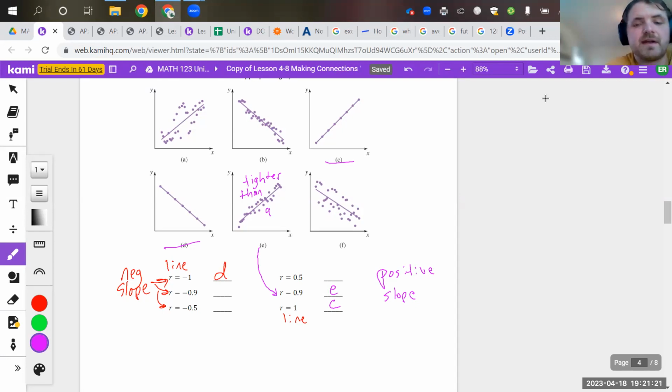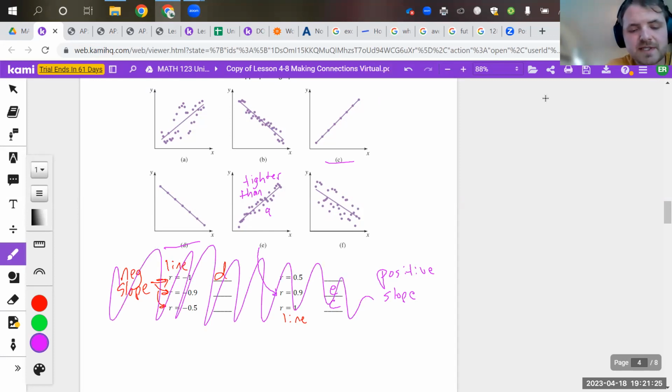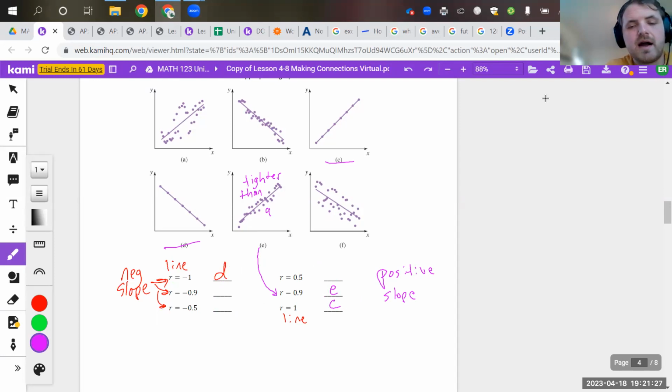If I didn't have any of this information down here, I couldn't say, oh yeah, it's 0.9. I'm only able to say that because in comparison to 0.5, since 0.5 is closer to 0 than 0.9, it's going to be less correlated. So this one right here is the least correlated out of all the positive ones. Okay, so that would be graph A.